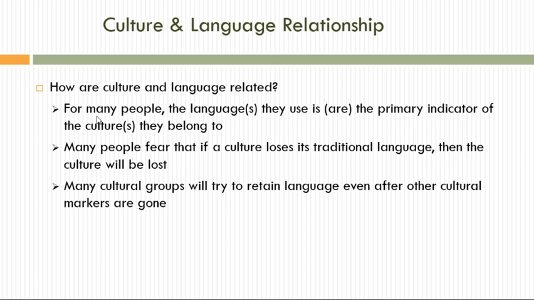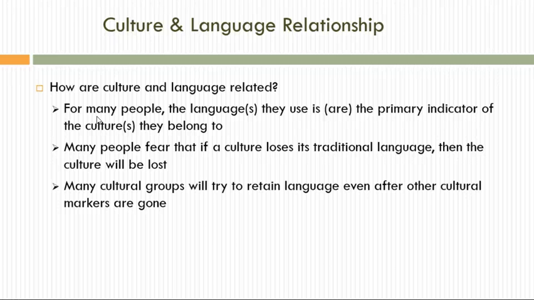Now, there is a relationship between culture and language, right? For many people, the language that they speak is the primary indicator of the culture that they belong to, right? And in many cases, people will learn new languages, but they will hold on to their original languages because that is their culture.